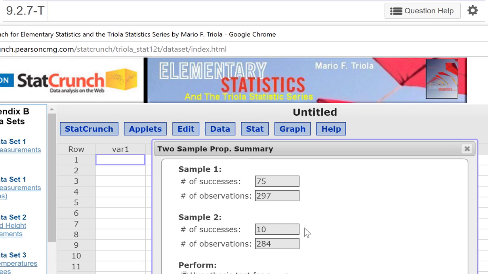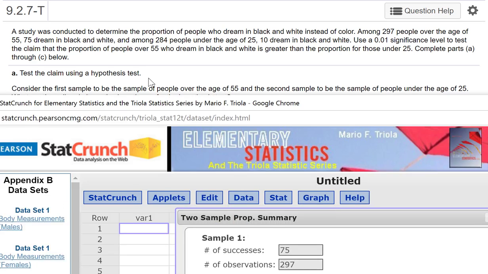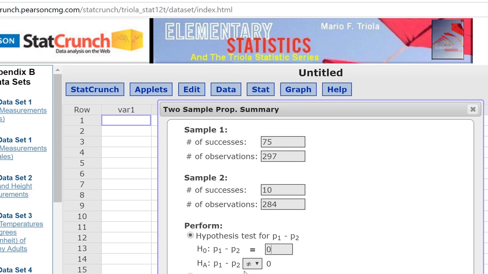And we've already set the null and alternative, and they write it slightly differently. They have p1 minus p2 equals 0. They've gone ahead and subtracted p2 from both sides. So imagine me subtracting p2: we'll have p1 minus p2 equals 0, and then p1 minus p2 is greater than 0.